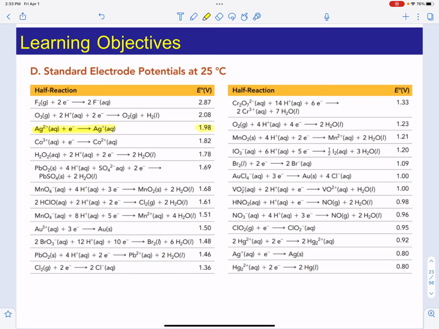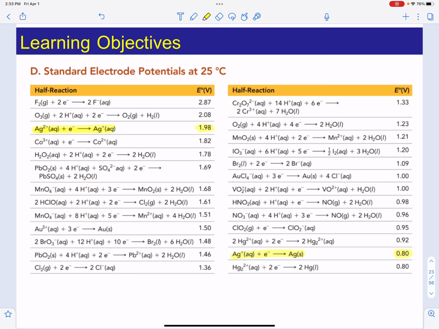And it also tells us that the reduction potential of silver plus 1 is 0.80. So this tells me that it's easier to put an electron in Ag2 plus than on Ag plus.